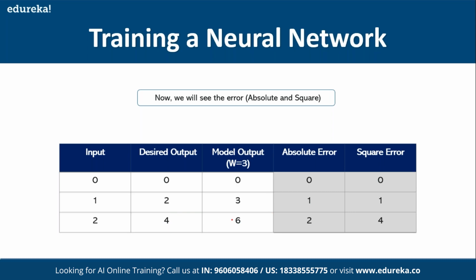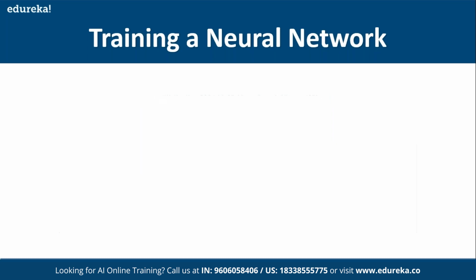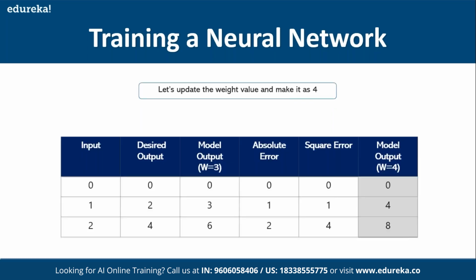Therefore I get 6 minus 4 is 2. The square error of my absolute error is 0, 1 square is 1, 2 square is 4. Now I got, for this model output where w is equal to 3, my squared error as 0, 1 and 4. Now I will go ahead and change my weight from 3 to 4.